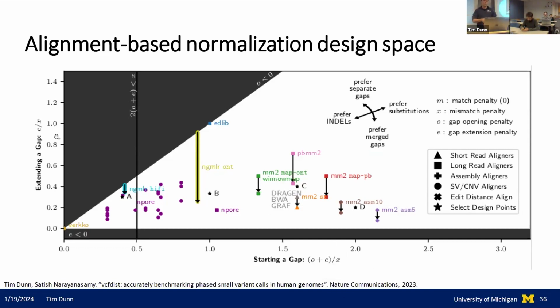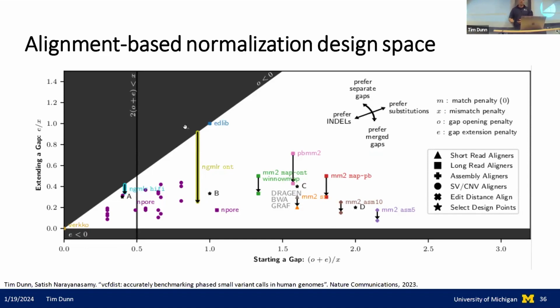On the y-axis, we have the cost of extending a gap relative to a substitution. As you move through this space, you can choose any design point. As you get closer to the origin, your alignment will start preferring insertions and deletions. As you move away from the origin, you will start to prefer substitutions.